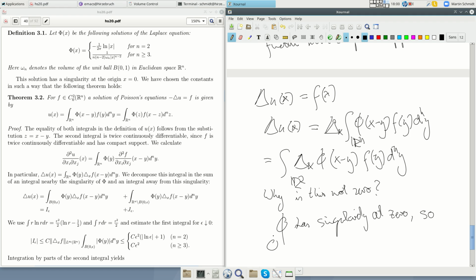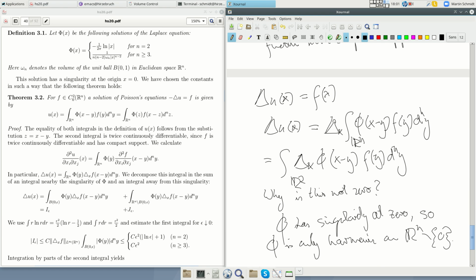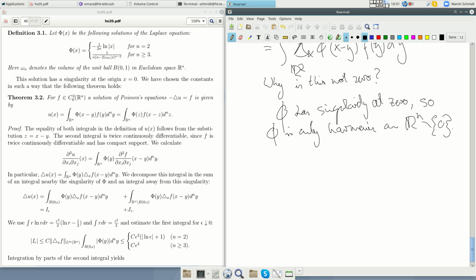So phi is only harmonic on the complement of 0. At 0 it's non-harmonic because there it's not even defined. And this is the explanation. So this calculation is really correct. We may put this in, but this does not vanish. This does not vanish because phi has a singularity at 0. Very important. You should understand this.